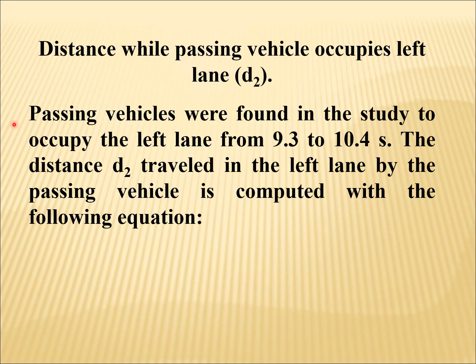Passing vehicles were found in the study to occupy the left lane from 9.3 to 10.4 seconds. The distance D2 traveled in the left lane by the passing vehicle is computed with the following equation that is given on the next slide.